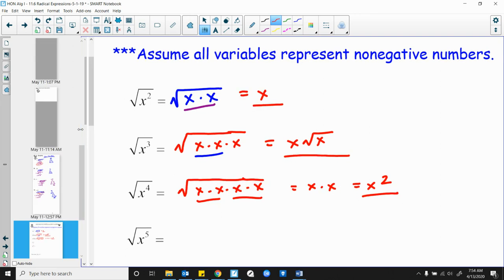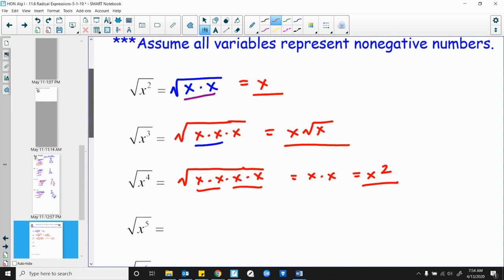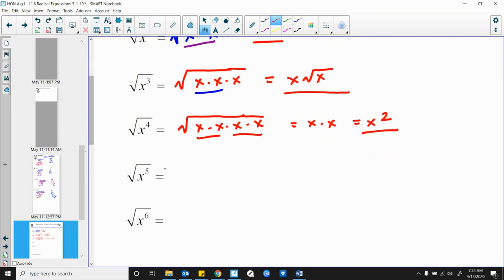And we'll do one more here. Like I said, I'm not going to go through all of these. I'm going to do that last one. X to the 5th, we'd have x times x times x times x times x. I've got a pair there and a pair there, so I'll take both of those out.